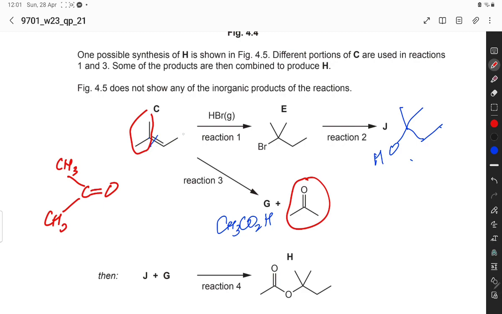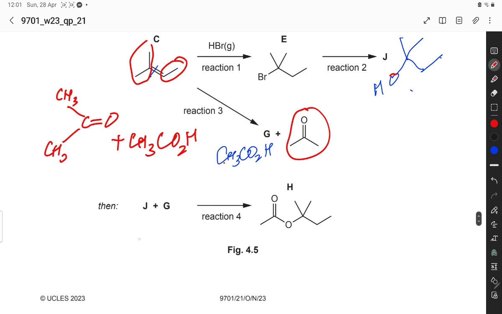These are the 2 carbons which are going to change, plus CH3CO2H. Reaction 2 forms this, which is nucleophilic substitution. Then J and G react to form an ester. This is J and this is G: this is ethanoic acid and this is alcohol. So when the alcohol reacts with ethanoic acid it forms this compound, which is an ester.